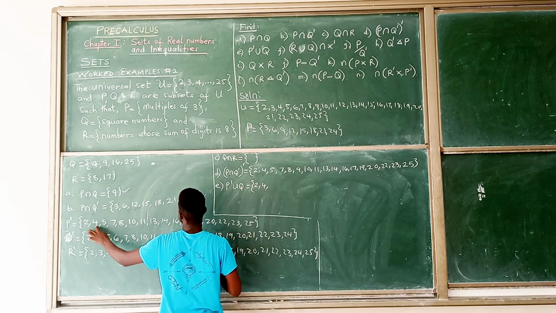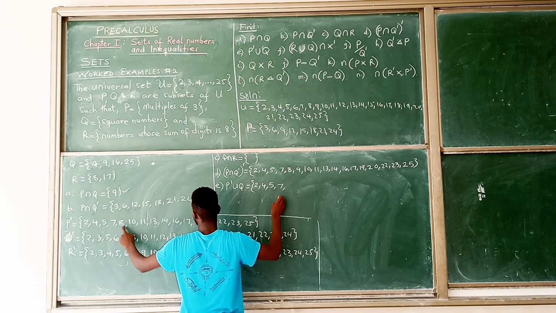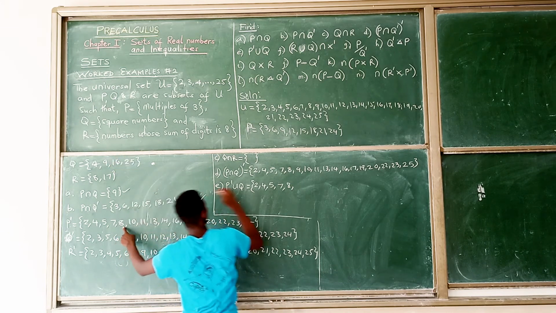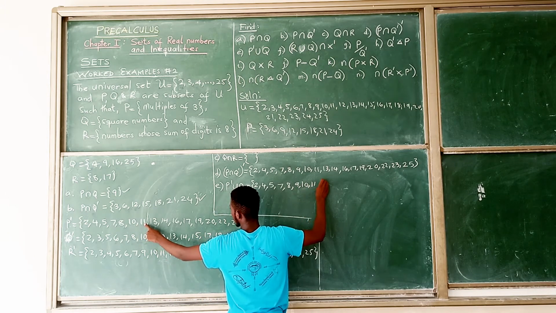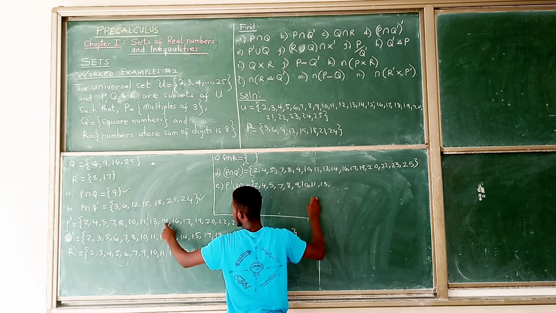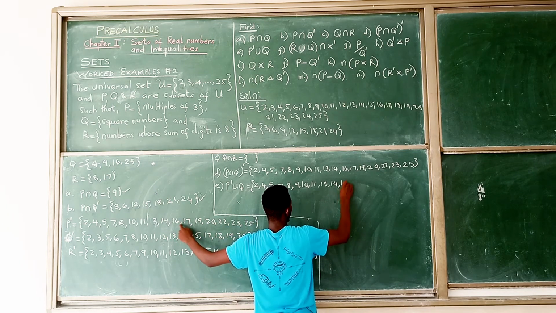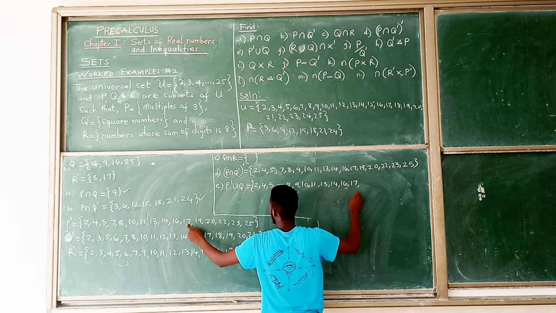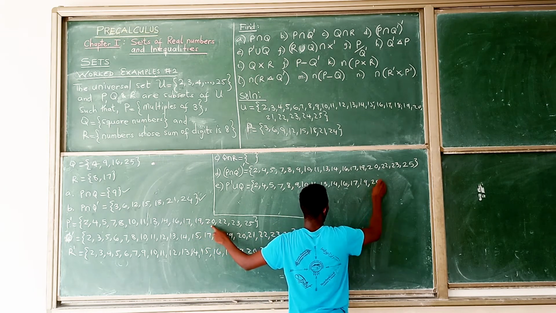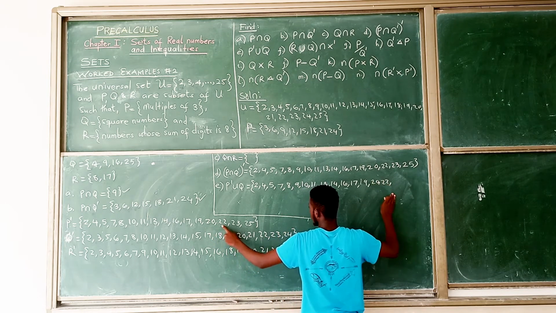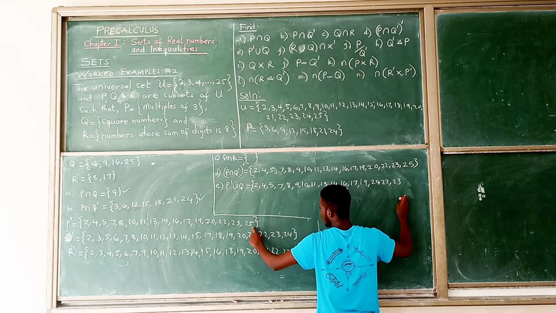So 4, 5, 7, 8, we have 9, 10, 11, 12, 12 is not here, 13, 14, 15 is not there, 16 is there, we have 16 once, 17, 18 is not there, 19, we have 20, we have 22, we have 23, and we have 25, because set Q has 25 and P complement has 25.